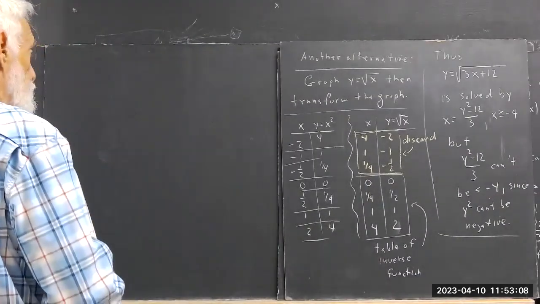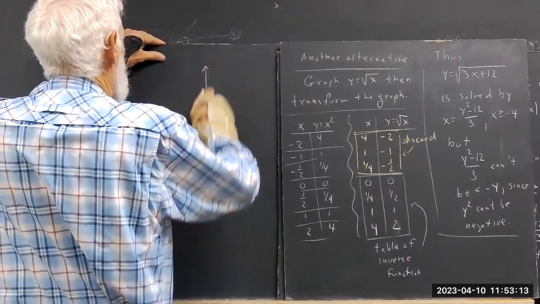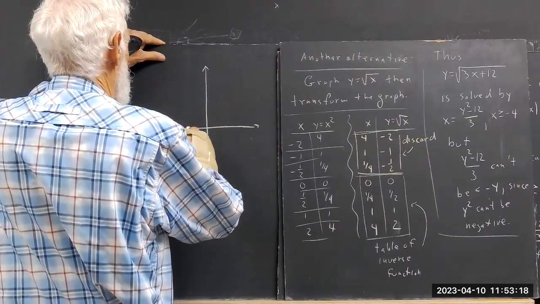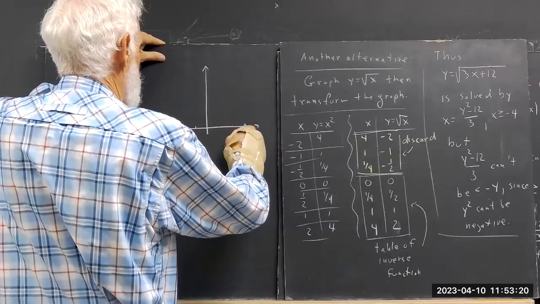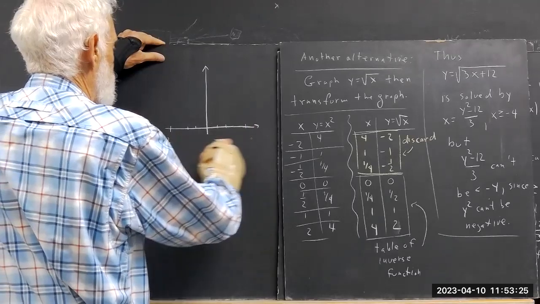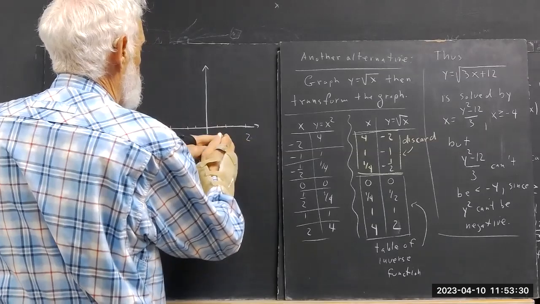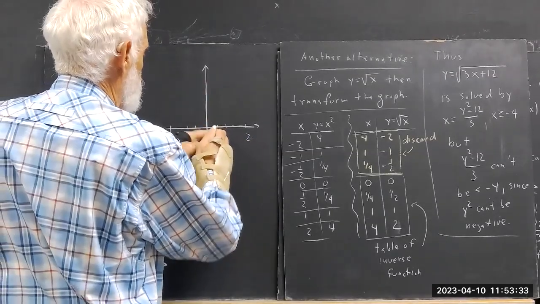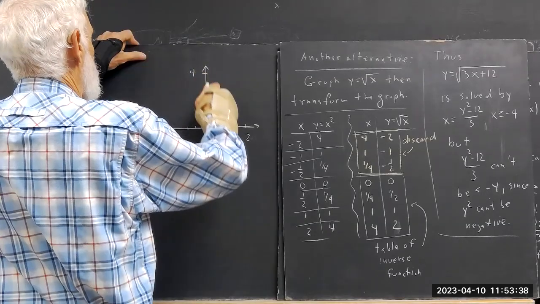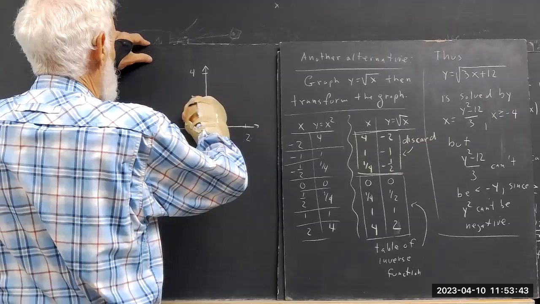Well, now if we look at these graphs, again, I'm not going to label these points because I think we understand. This is -2. This is 2. This is halfway between 0 and 2, so it's 1. This is halfway between 0 and 1, so it's 1/2. And up here, it'll be 4, and then halfway from 0 to 4 should be 2.